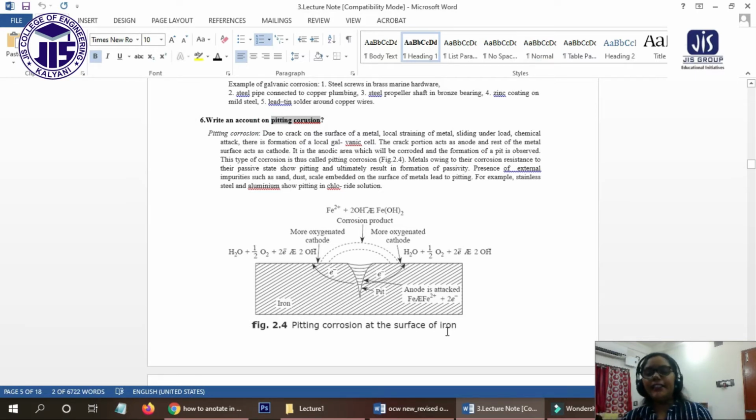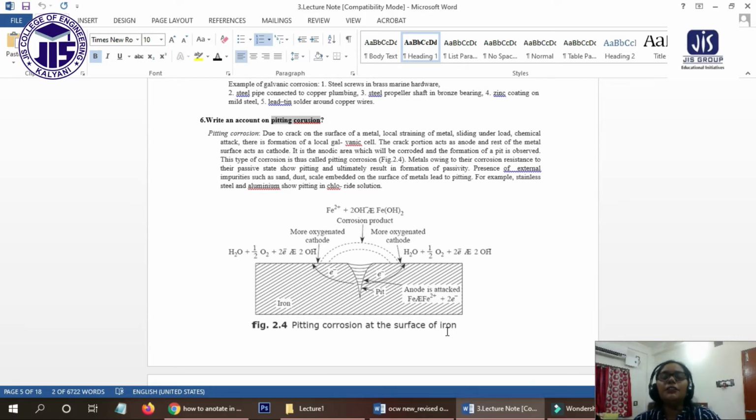Generally we can see it if we have a metal rod, and on this metal surface we have one droplet of water. If the water remains in that position for many days, then after some time, below the water layer, the metal surface will be corroded.